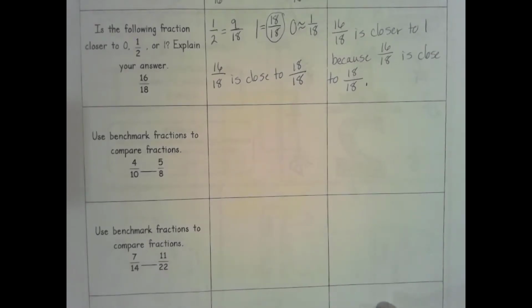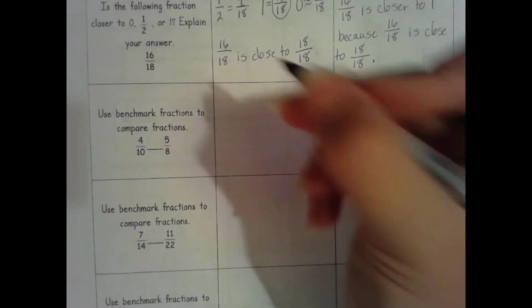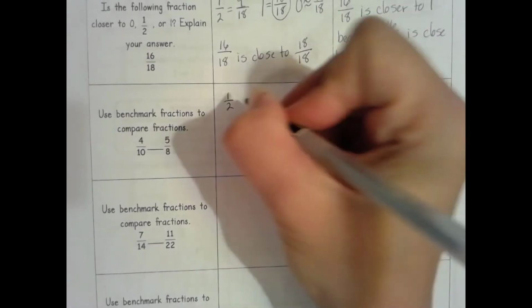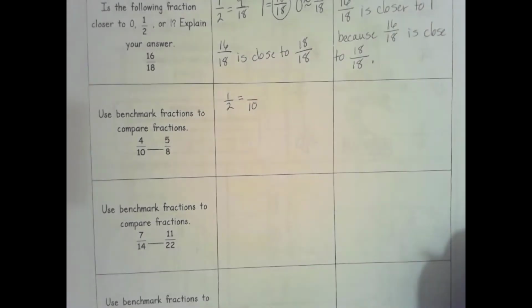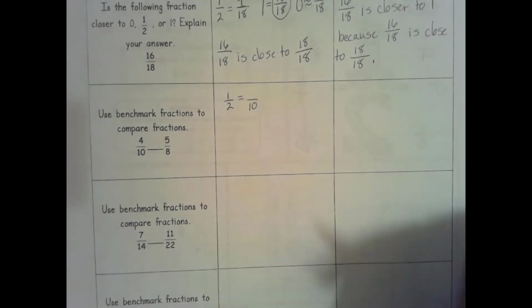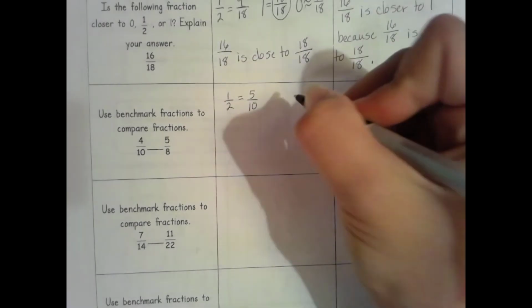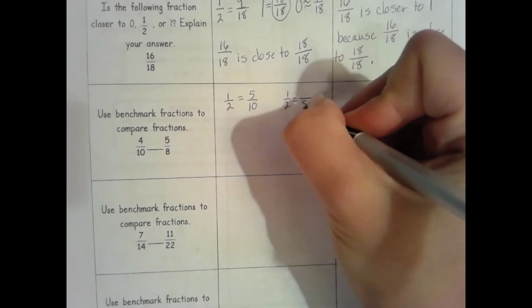So we're going to use benchmark fractions to help us out. We're not going to really do multiplying or anything like that. We want to find our benchmark fraction for 1/2 with the denominator of 10. Well, half of 10 is 5. We're going to also find our equivalent one with the denominator of 8.